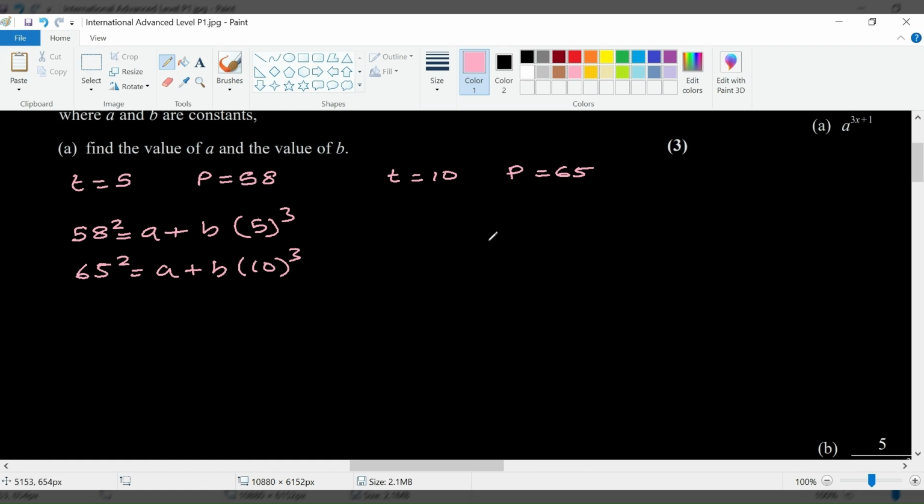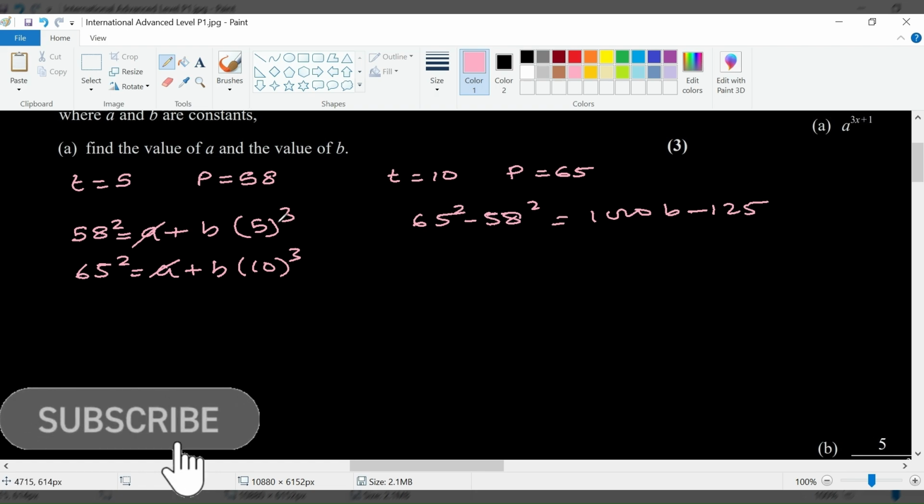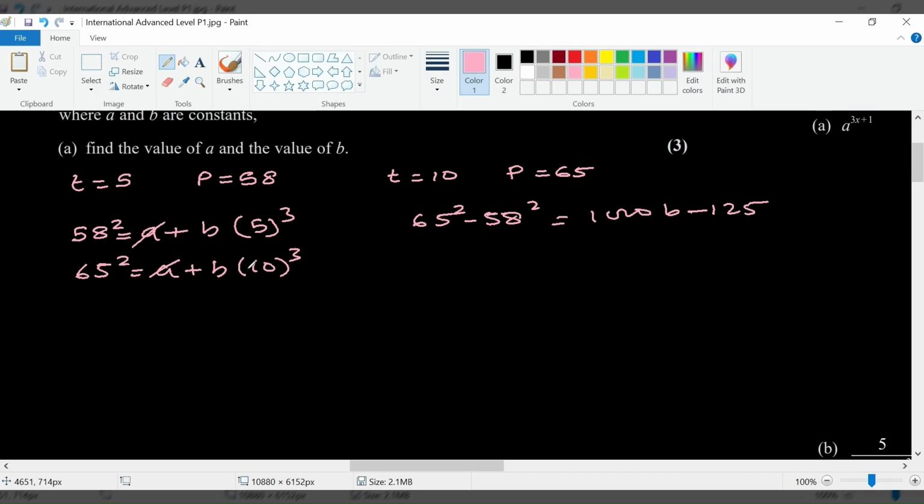Once we subtract equation 1 from equation 2, we conclude that 65 squared minus 58 squared equals 1000b minus 125b. The a and a cancel, so 5 cubed gives us 125 and 10 cubed gives us 1000b. So the calculation is 65 squared minus 58 squared, equals 1000 minus 125, which is 875b.